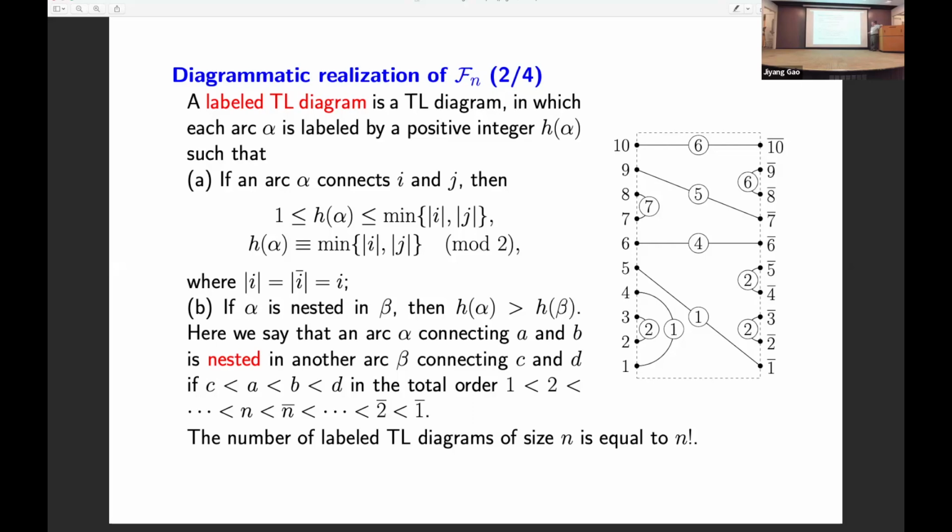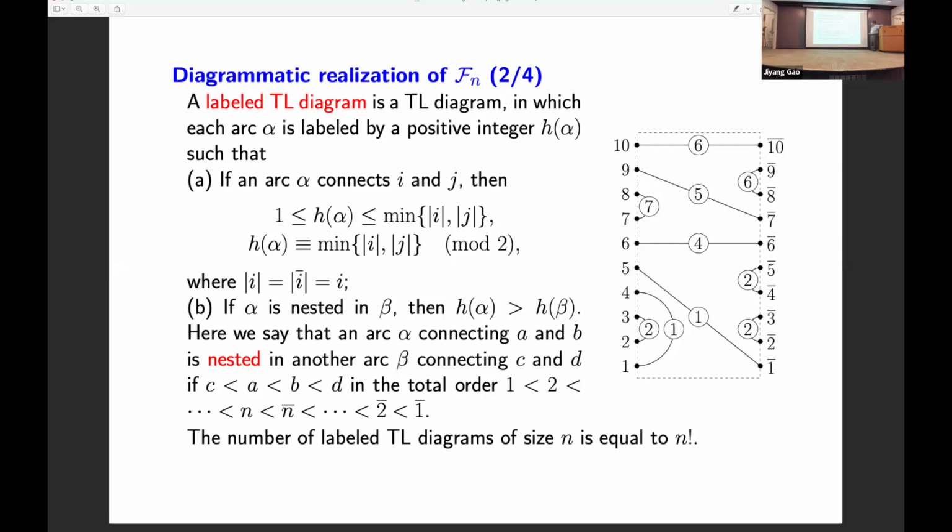That is, the absolute value of I bar is I. So this is the first condition. And the second condition is that if alpha is nested in some other arc beta, then the level of alpha is smaller than that of beta. So if the two arcs alpha and beta are nested, this condition holds in this order.